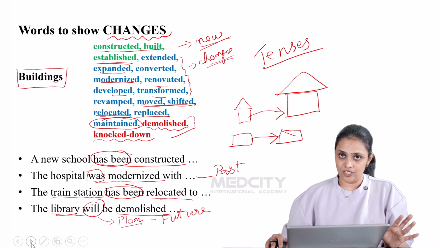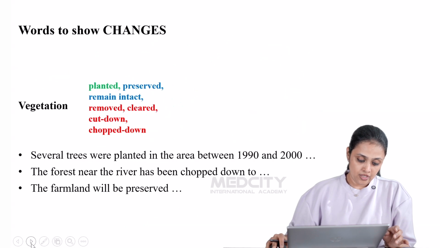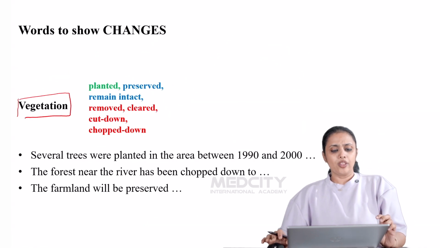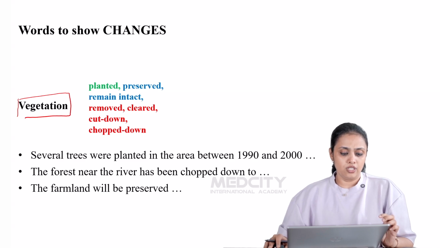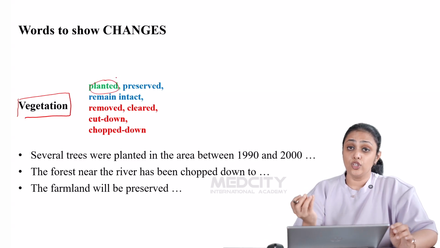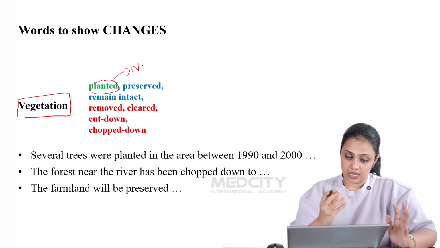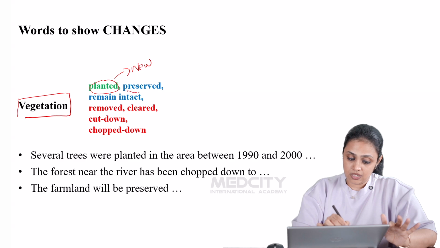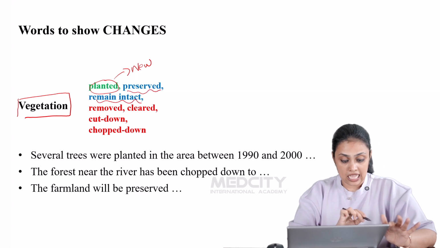Now that is one feature that you see in maps, buildings. Now next, vegetation. With vegetation, the kind of words that you can use: planted. If you're newly introducing the plants, you can say planted. Now if you're not making any changes, you can say preserved or remain intact.